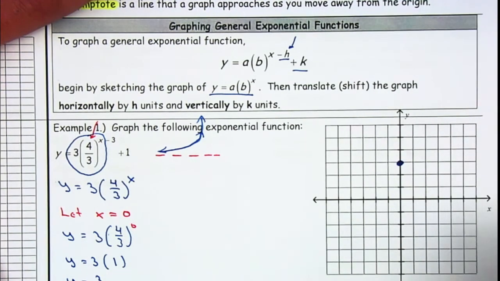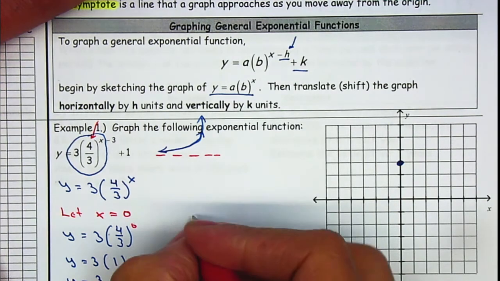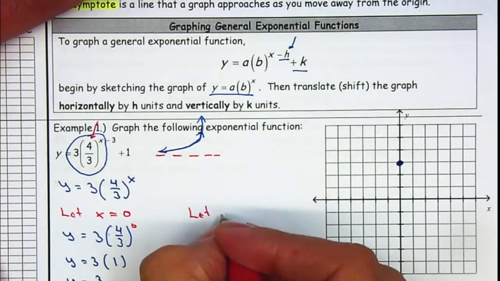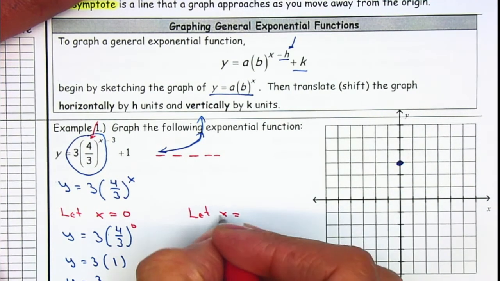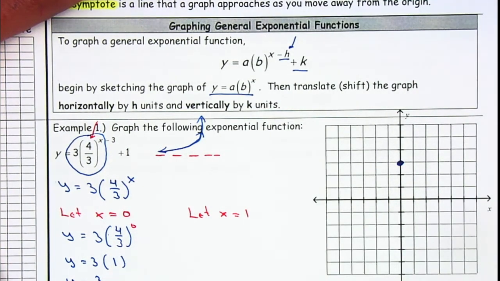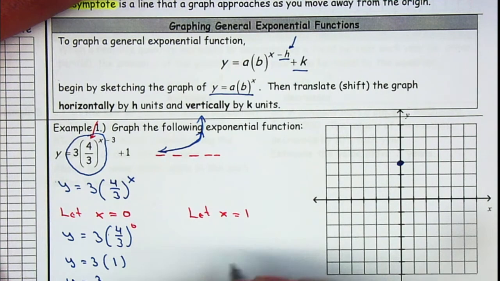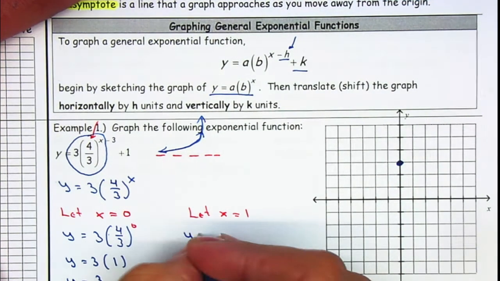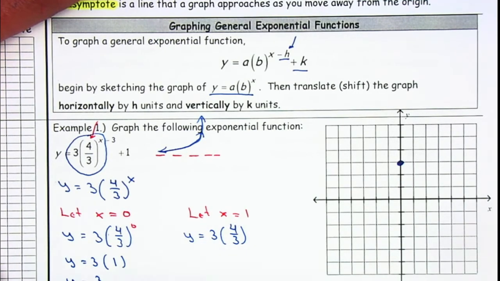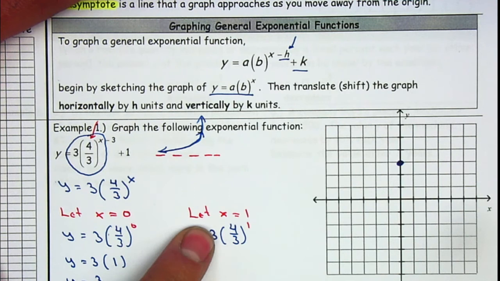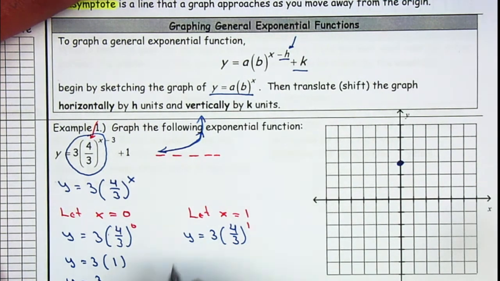Now I'm going to let x equal another number. I'm going to go to the right, so I'm going to plug in a 1. You can plug in any value that you want, but 0 and 1 will make it much easier for you. So y is equal to 3 times 4/3 to the 1 power. Anything to the 1 power is itself, so 4/3 to the 1 power is just 4/3.